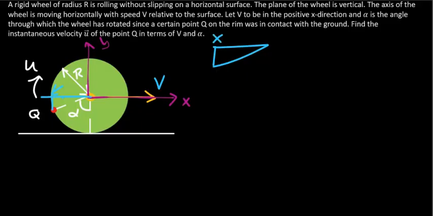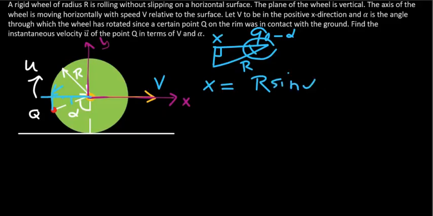This is the x-axis, this is the radius of that wheel, and that angle right there is 90 minus alpha. So immediately using trigonometry, you see x equals r cosine of that, and cosine of that is just sine of alpha. Now, it appears on the negative side of the x-axis, so you can put a negative sign there.